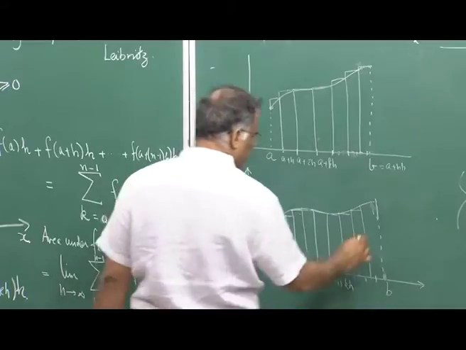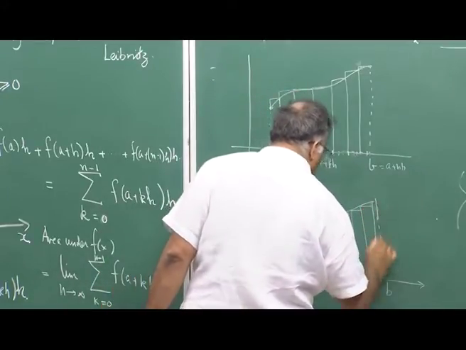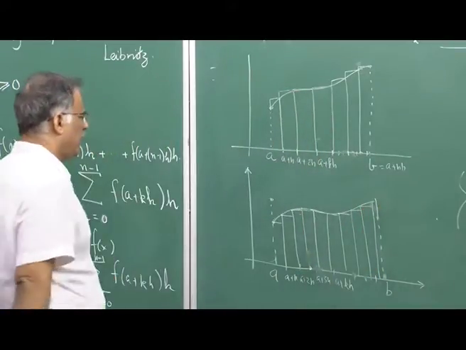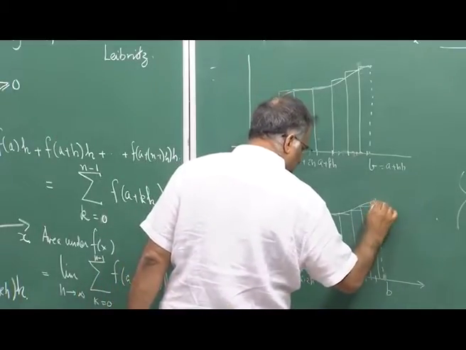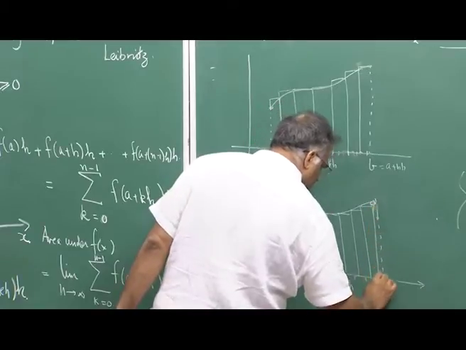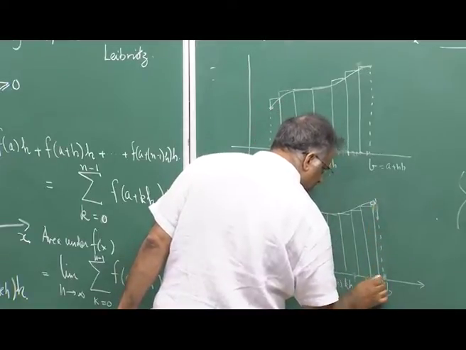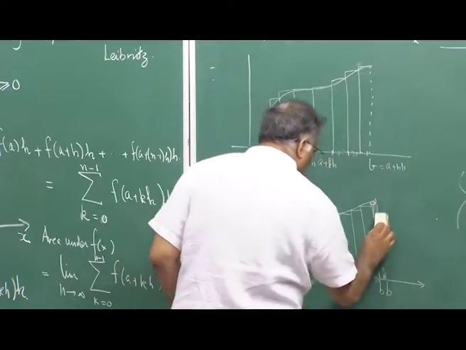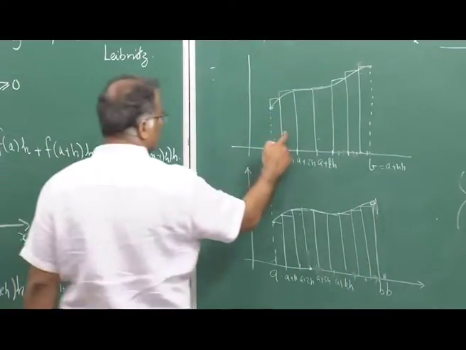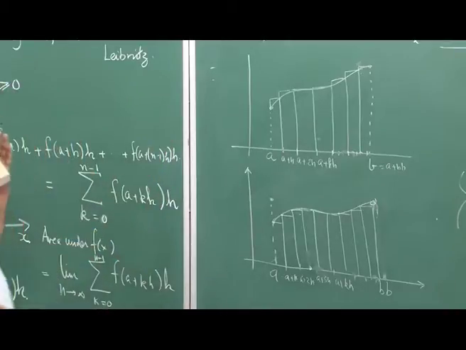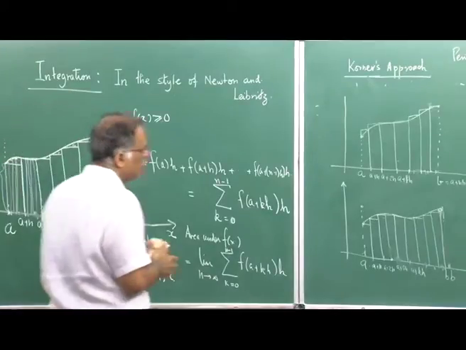Now what are these integrals finally? Maybe this line should be b. So how do I calculate the area of this? The function overall has capital M as upper bound and small m as the lower bound.